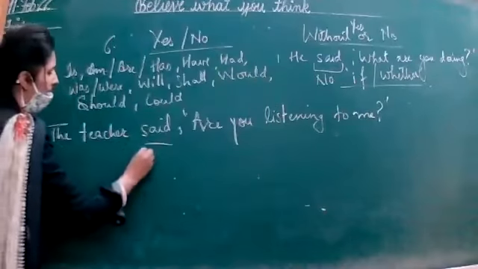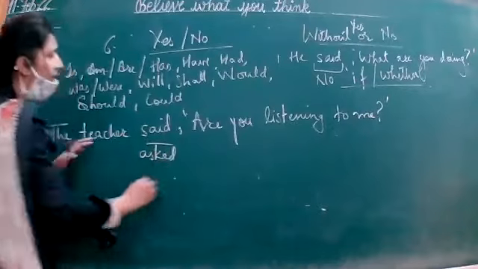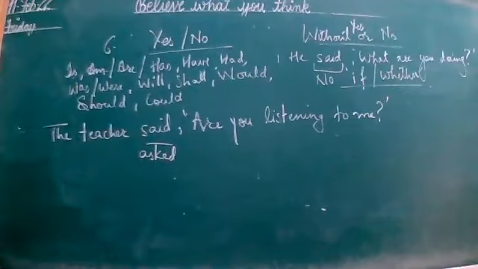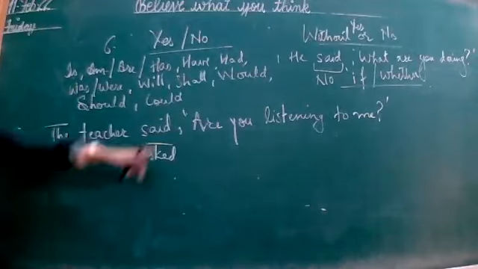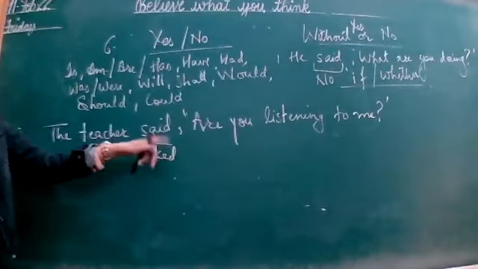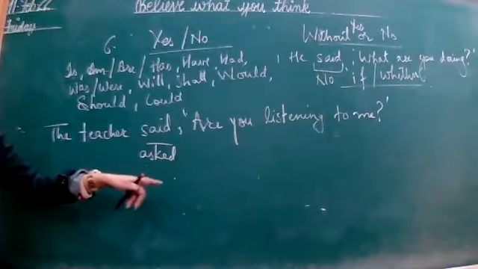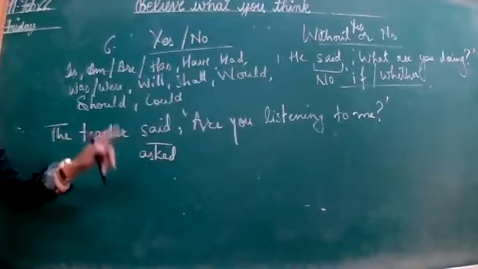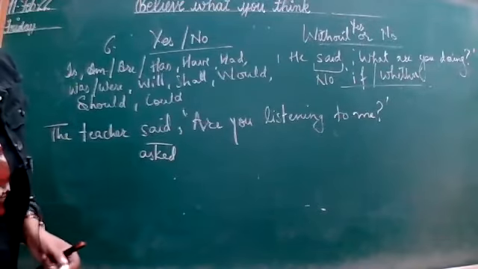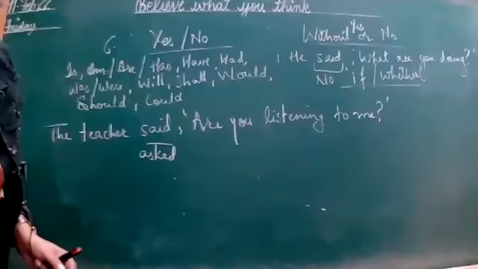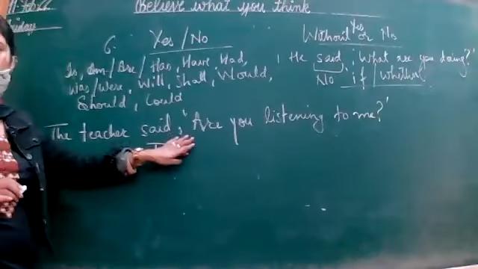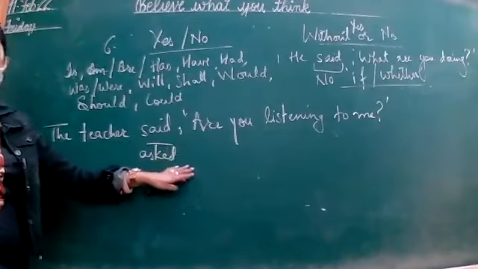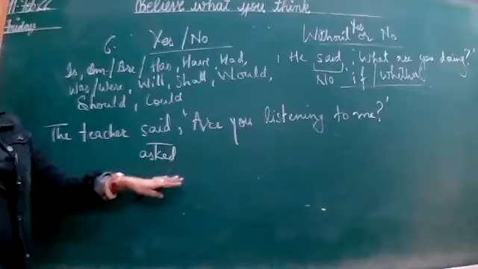First of all, ask yourself, is this expecting an answer in yes or no? Are you listening to me? It is expecting an answer in yes or no. You will say yes, I am listening, or no, I'm not listening. So here you will use if or whether.